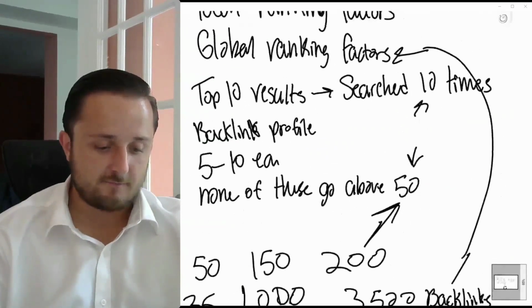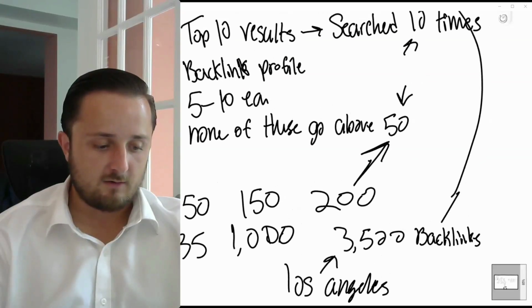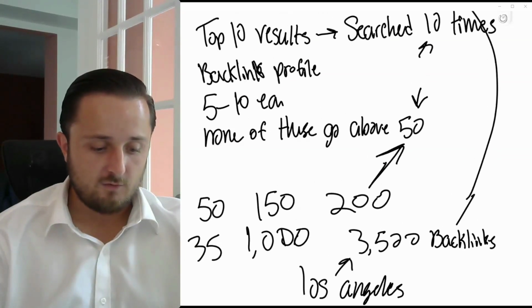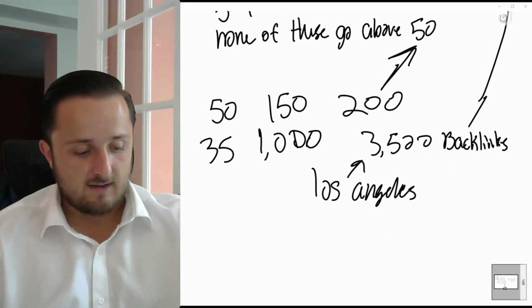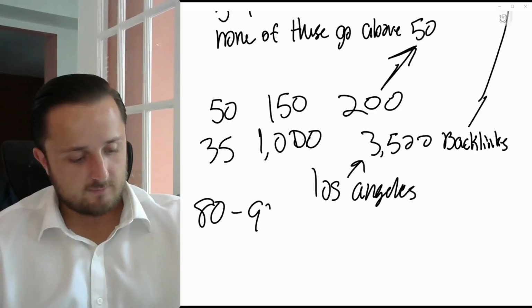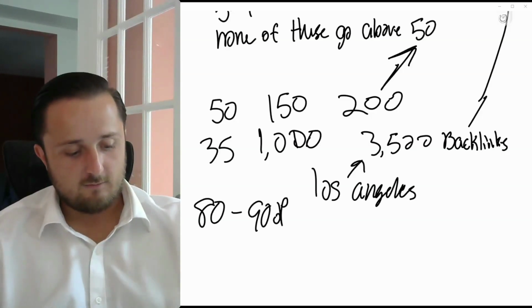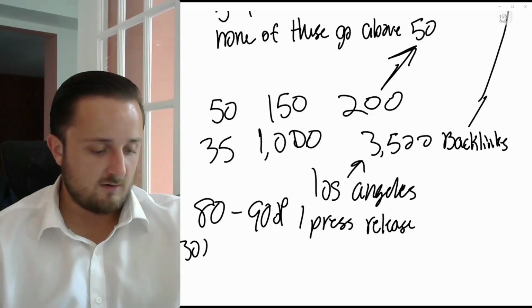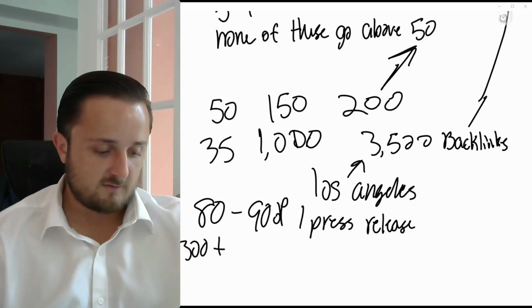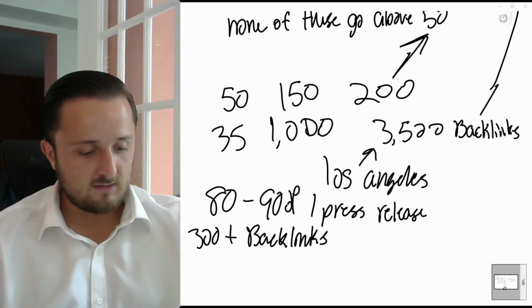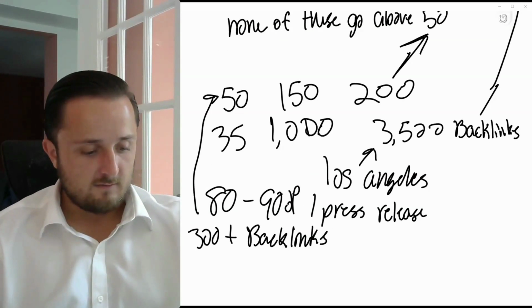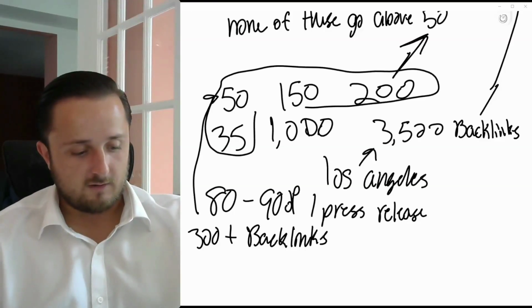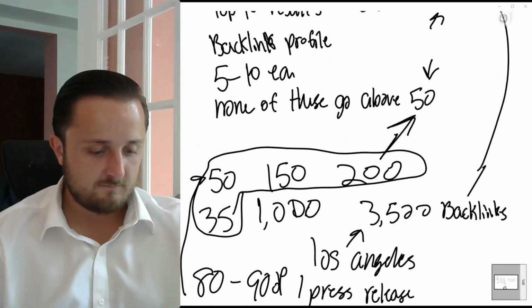There are a lot of local areas where you can easily beat out 80, 90% of your competition with one press release. And what a good press release will get you is 300 plus backlinks. Then you can easily beat out a majority of these local competitions for this specific ranking factor.